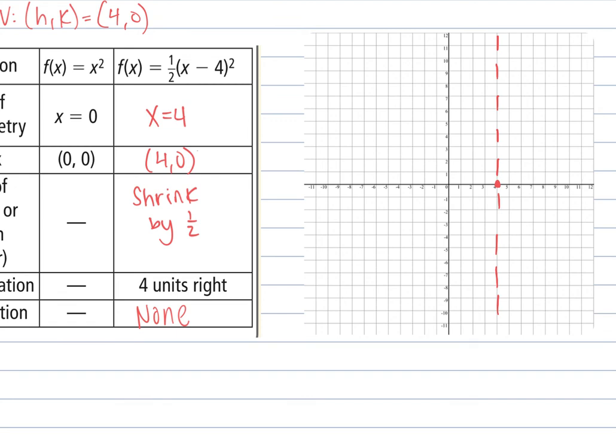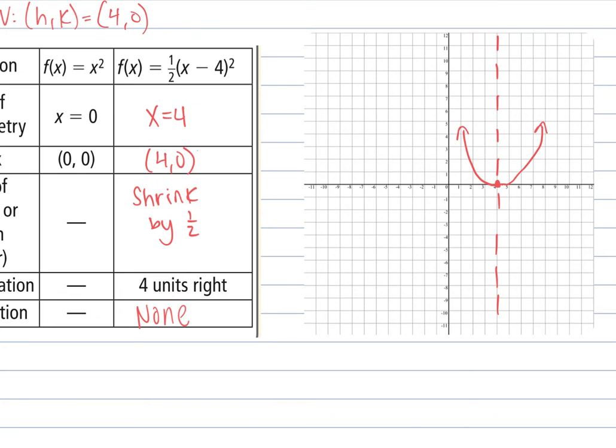So we should get a wider graph and it should be facing up. Now, for these types of questions, we're no longer using the table, so your graphs don't need to be perfect. This one needs to be wide, more bowl-shaped. Make sure you exaggerate the fact that it needs to be wider.